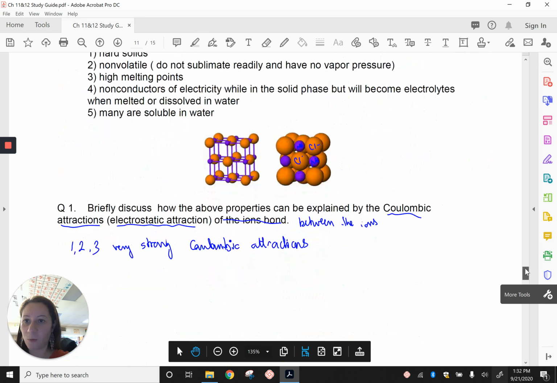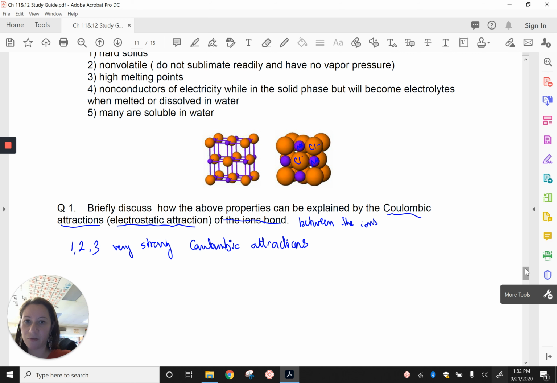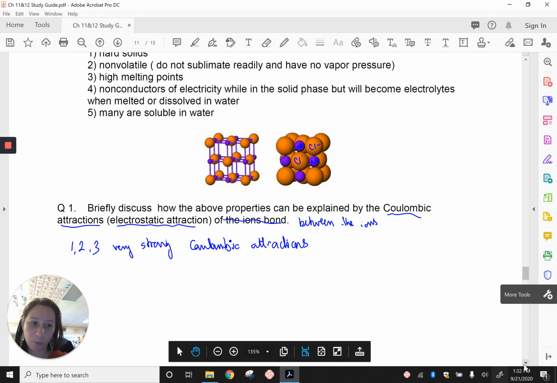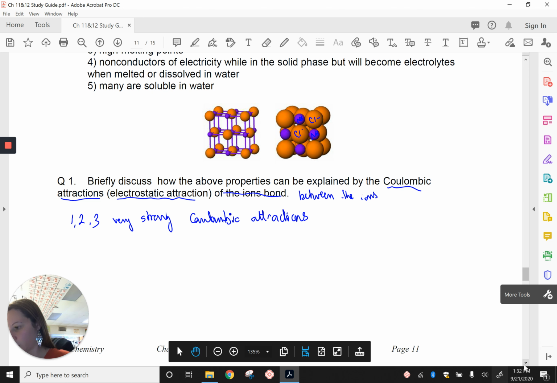Property number 4 was that they are non-conductors of electricity while in the solid phase, but they will become electrolytes, meaning they will conduct when they are dissolved or molten.